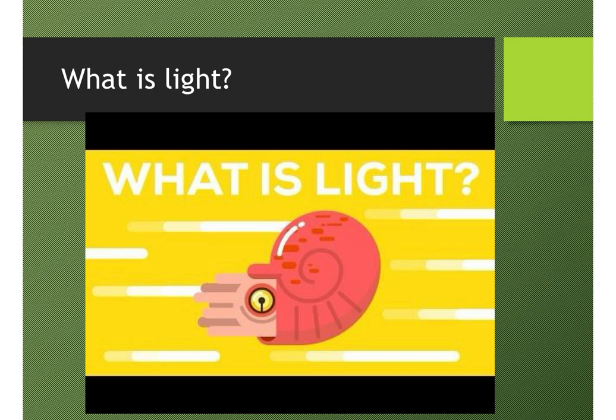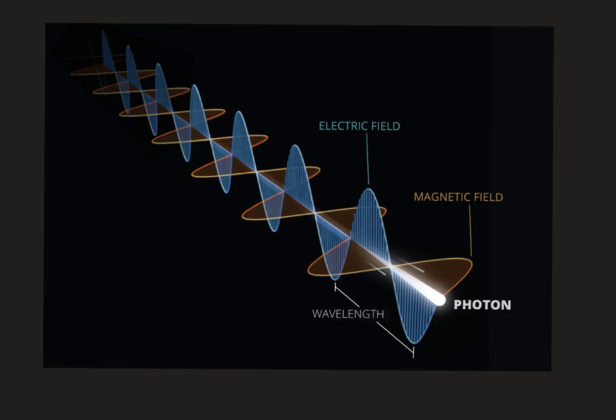So we first have to start with the question, what is light? Light has no mass and is not made up of matter. It is pure energy. When we look at pure energy like a photon, we want to take into consideration two different things, frequency and wavelength.